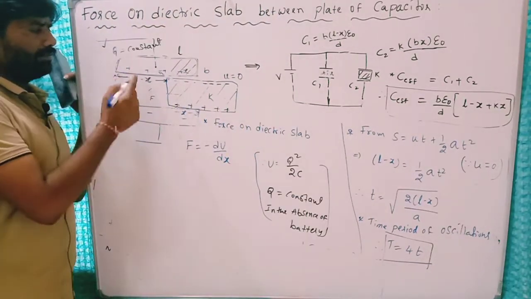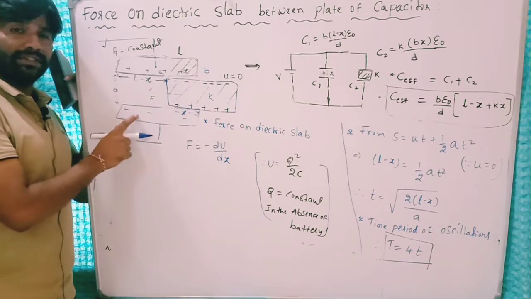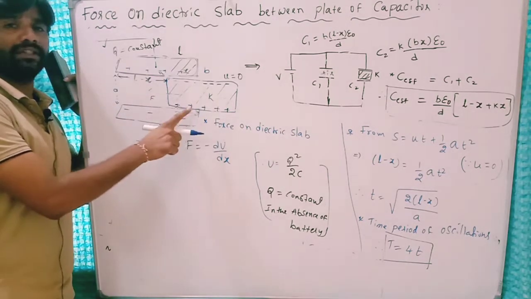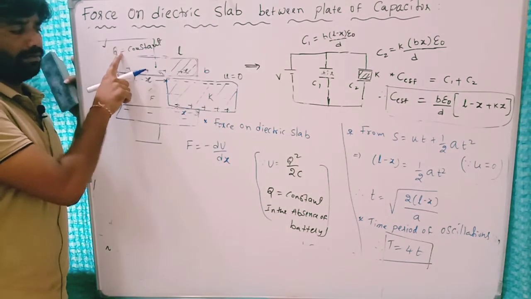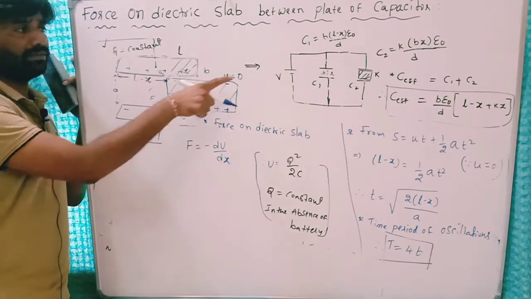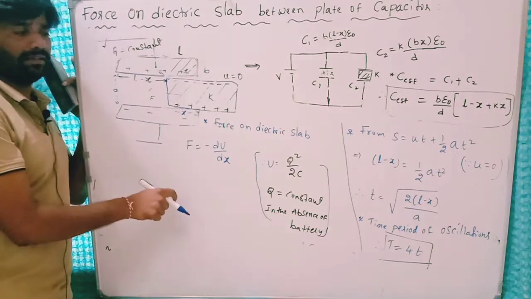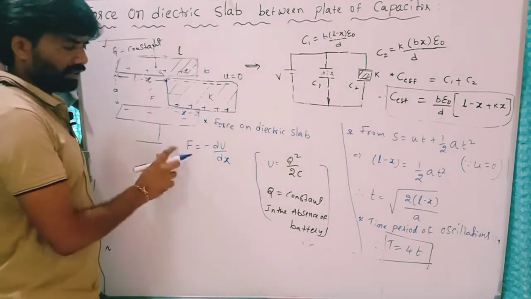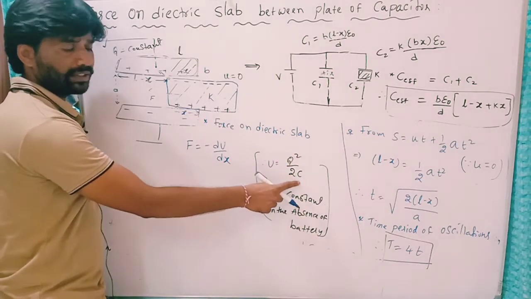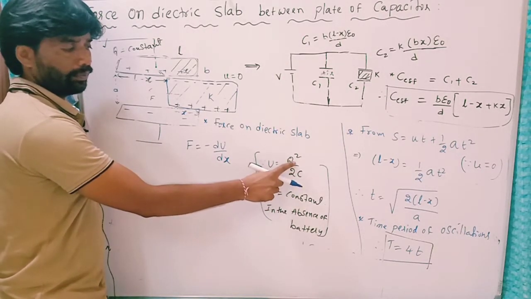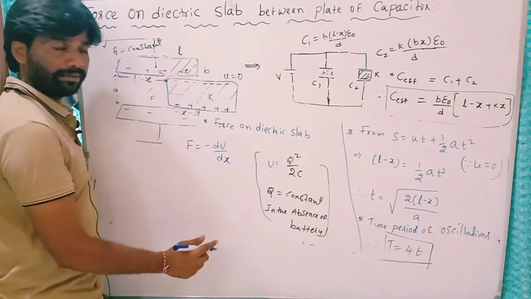In the absence of the battery, the charge on the plates of the capacitor is constant during the oscillation of this dielectric slab. No change of the charge. But energy will change because of the change of capacitance. So the energy formula for this capacitor, U equal to Q square by 2C. Here Q is constant, only C is variable.